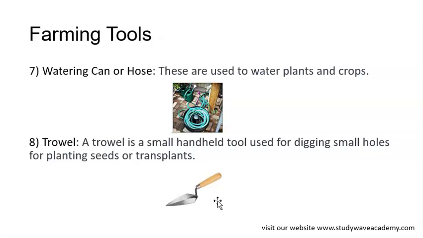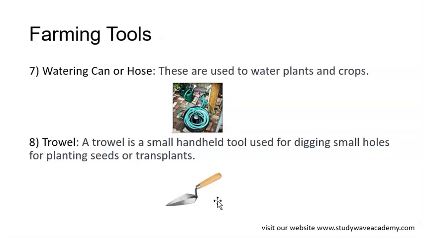When you finish digging, you put your seed and cover it. Or when you want to transplant a little plant that you have planted, maybe in a can, and you want to transfer it to the soil, you use the trowel to dig a little hole and transplant your plant.